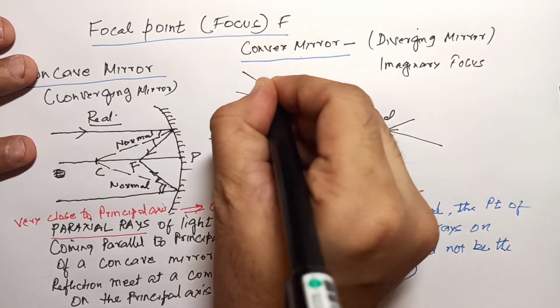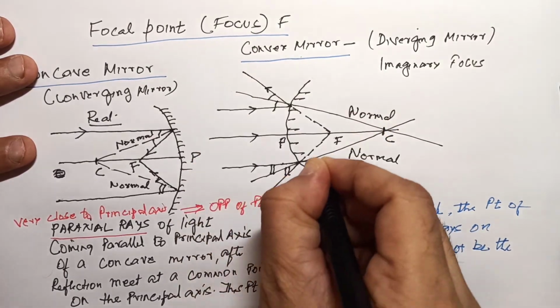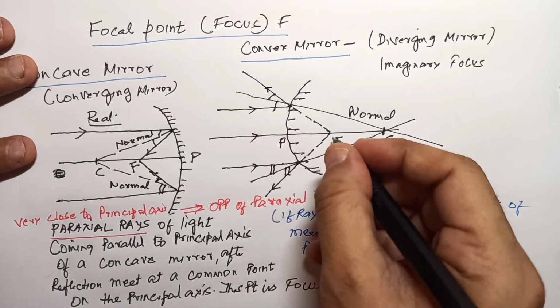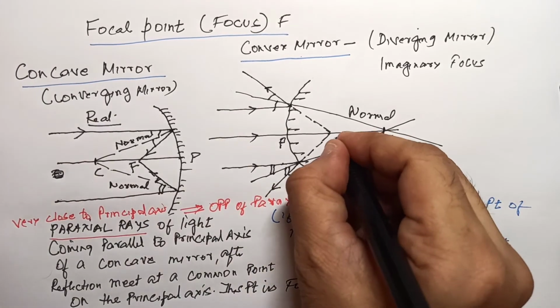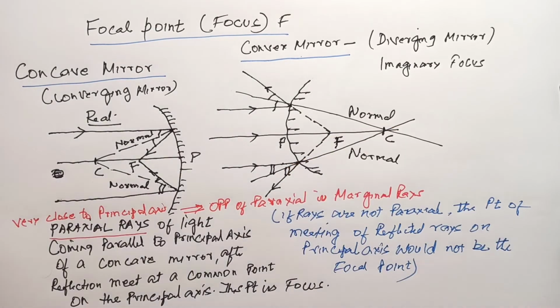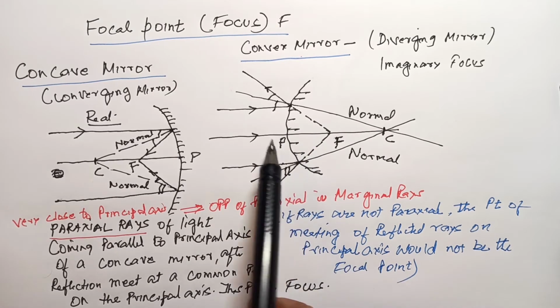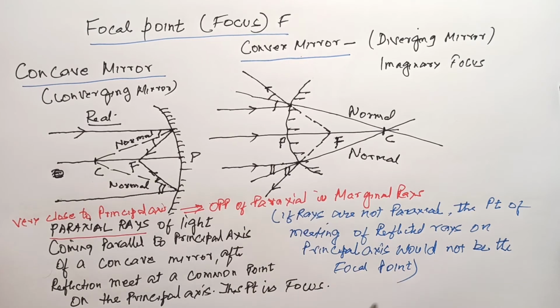Again, remember that these should be paraxial rays, which means this portion, the aperture, should be very, very small.